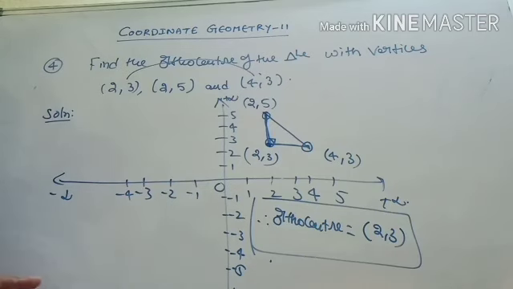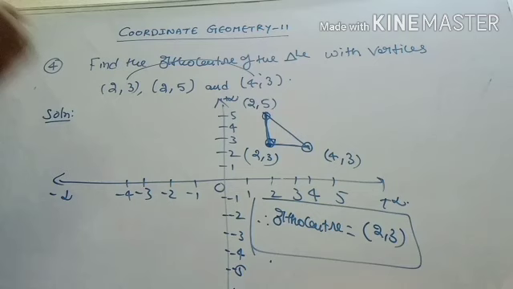That's why, my dear students, the orthocenter is nothing but 2 comma 3. First, if you identify the triangle, it becomes very easy to find whether it is the orthocenter or circumcenter. Circumcenter is nothing but the midpoint of the hypotenuse, and orthocenter is nothing but the vertex where the right angle is forming, right?